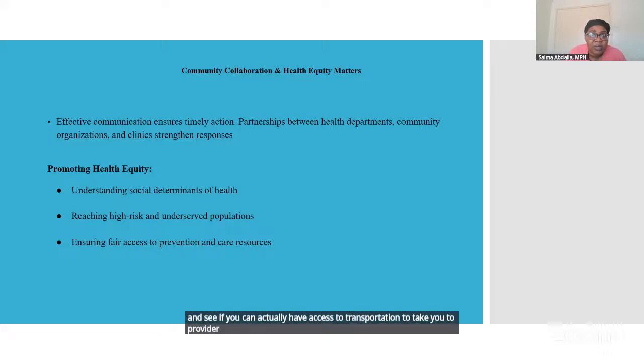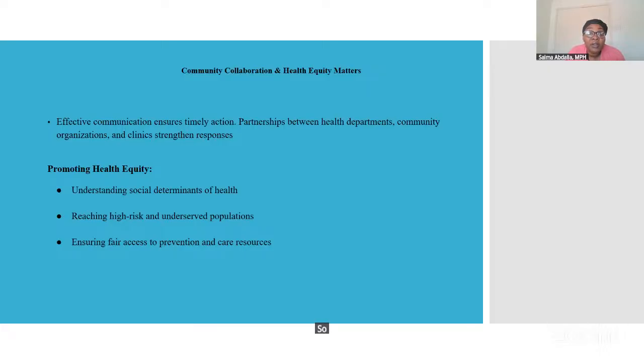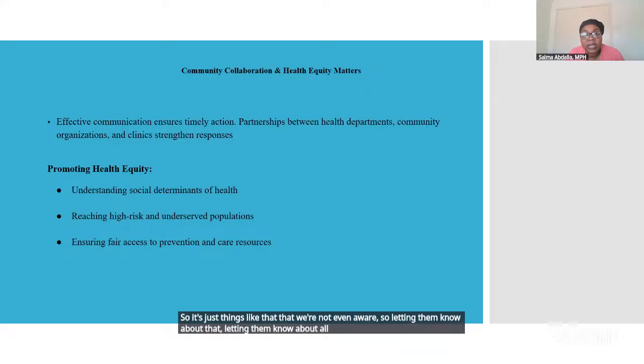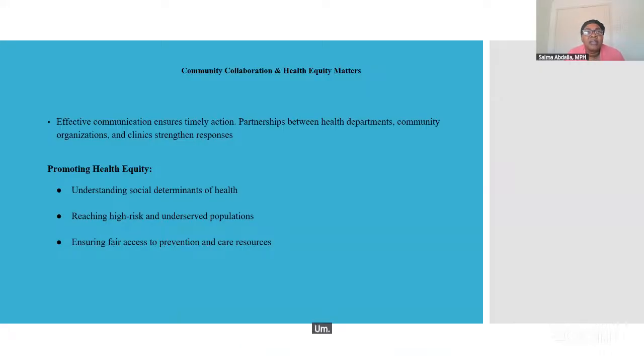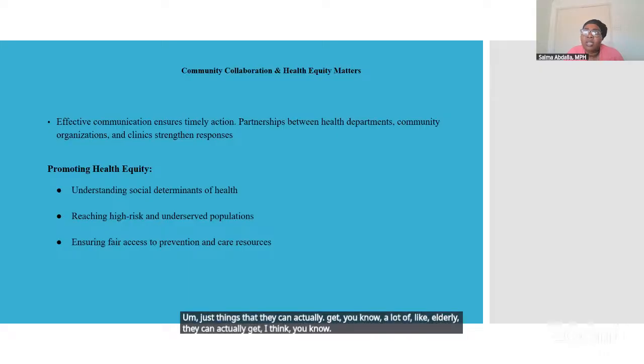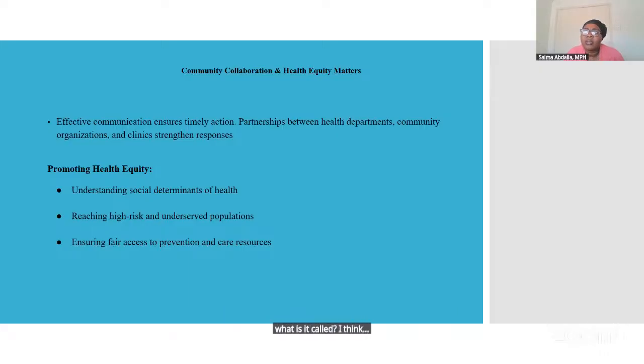You don't have to cancel. They were not even aware. So letting them know about all these resources they can have through their insurance, through their health plan, just things that they can actually get. A lot of elderly can actually get, I think, something like a delivery service.